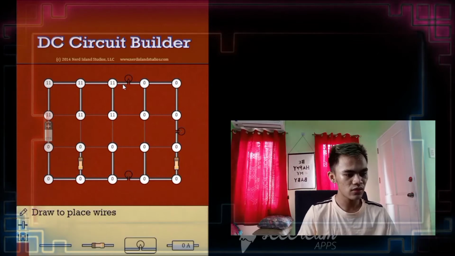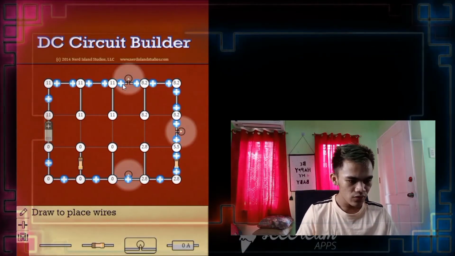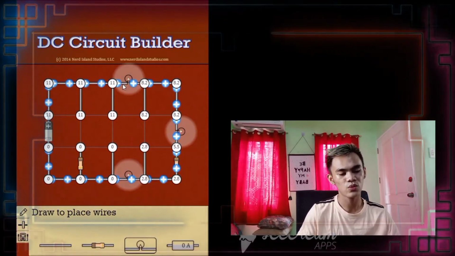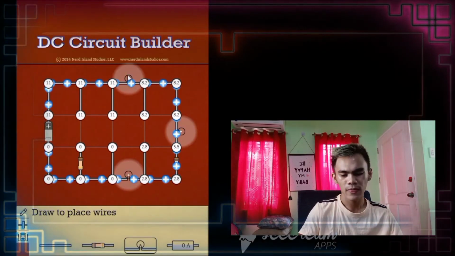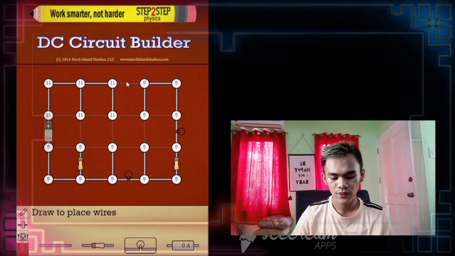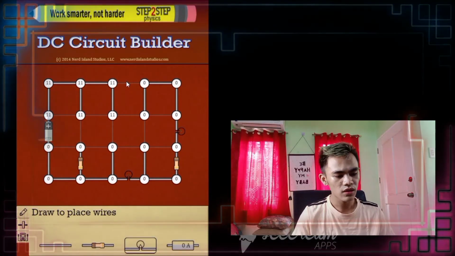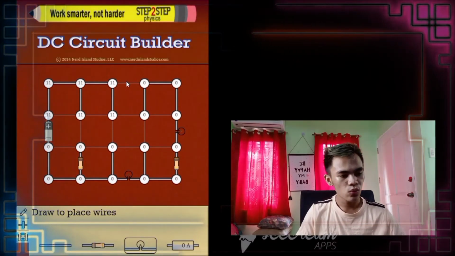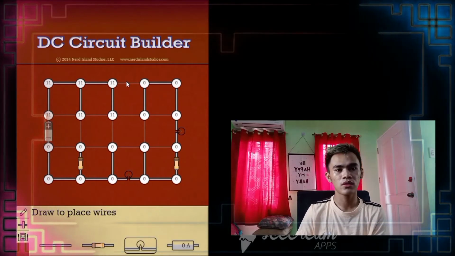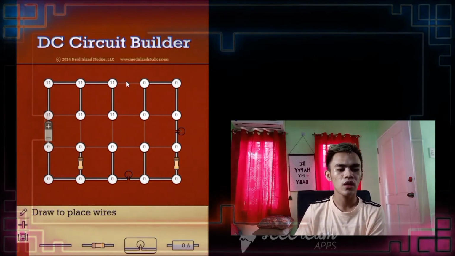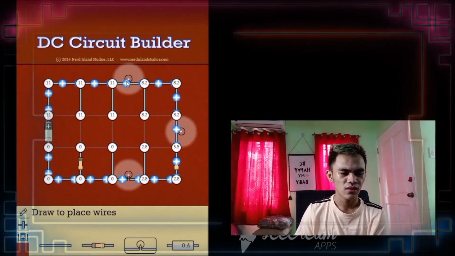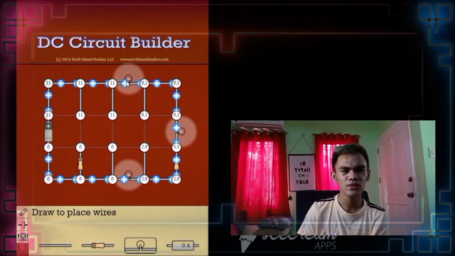And let's try to use the series circuit. As we all know, in a series circuit there is only one path for the current to flow. But if one bulb burns out or is not functioning, the others will be affected. So this is not applicable to our homes.